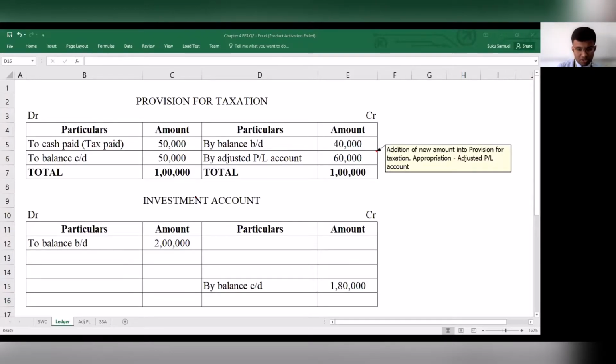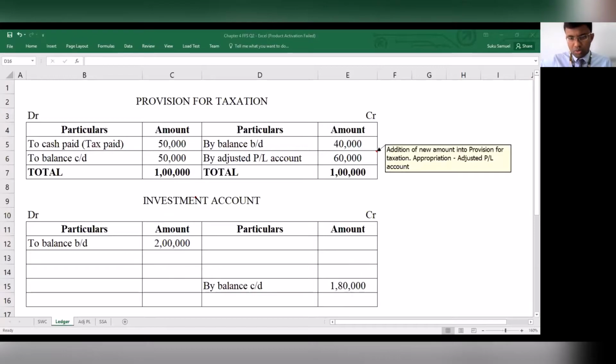Now the 10,000 profit you should technically be showing in your adjusted profit and loss account. So here you will have to consider the profit, and we have to deduce the amount that you have sold.